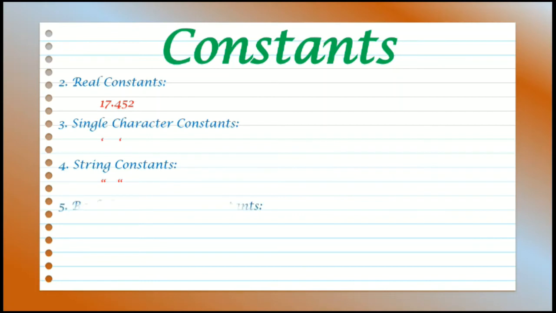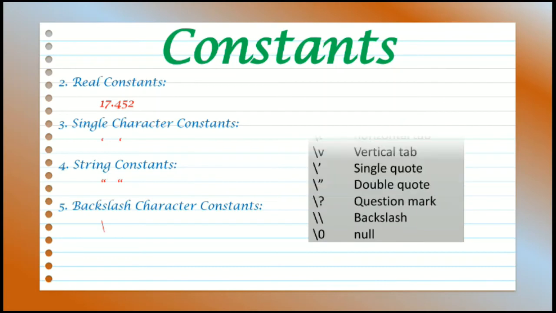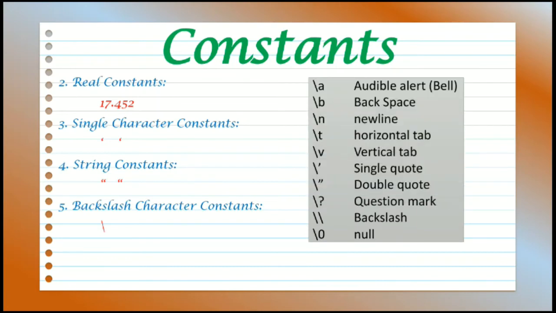So the fifth constant is backslash character constant. C supports some special backslash character constants that are used in output functions. \a is used for the audible alert while outputting the result.